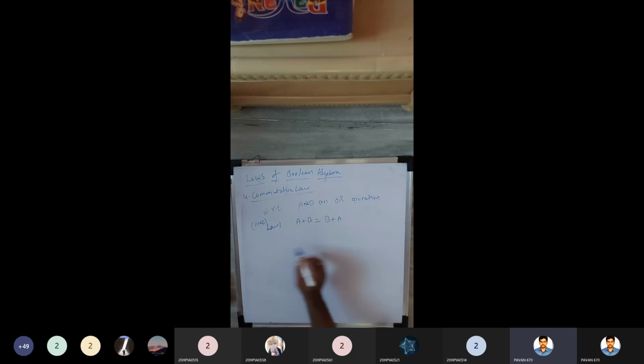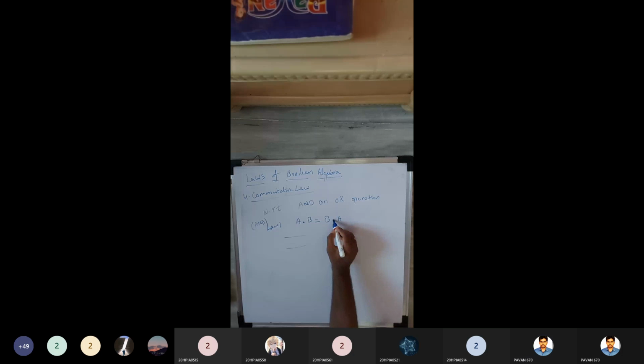Symbolically, sorry for that, it is an AND operation, right? So that's why there is a dot here. Extremely sorry for that. This is a dot. So place the dot here.